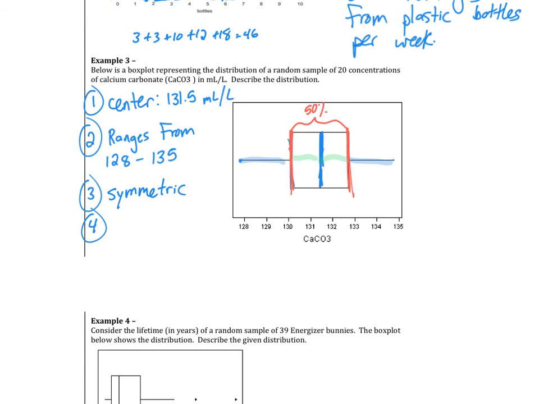So we're going to say half of the concentrations of calcium carbonate are between 130 and 132.5.